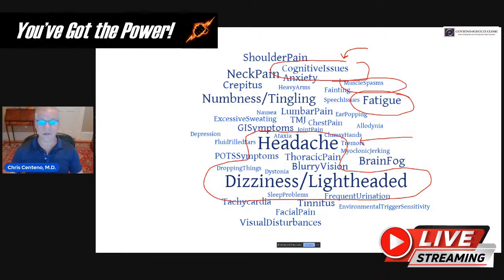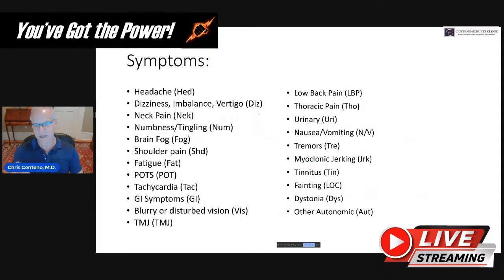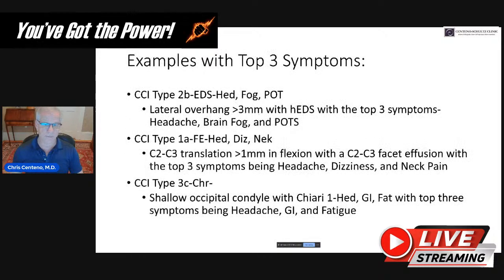Or if we've got visual issues, I think we've talked about that already. That could be due to the bad proprioceptive information or the superior cervical sympathetic ganglion. And then obviously these are just some 3-letter codes I've given to symptoms from a research standpoint. And again, we can now apply symptoms and those same naming conventions.